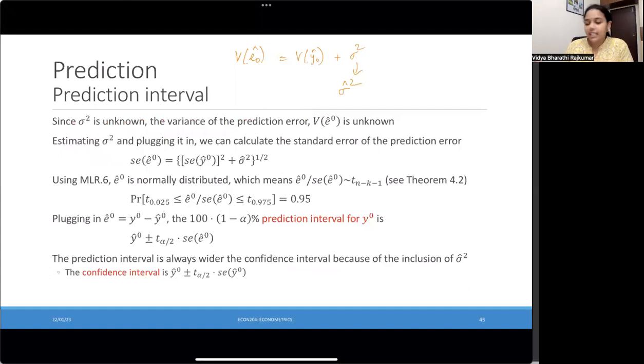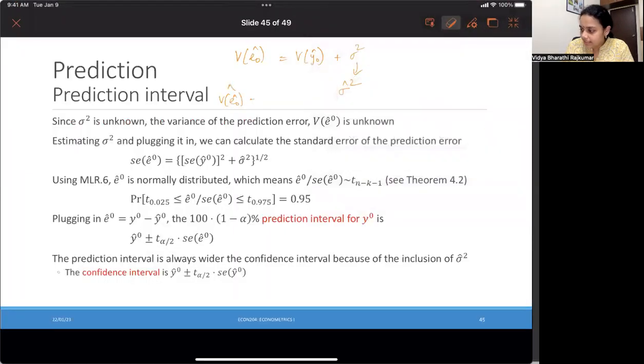So the variance of E naught hat, the estimated one, is just variance of y naught hat plus sigma hat square. If I take the square root of this, I'm going to get the standard error. So we can now write down the standard error of E naught hat.